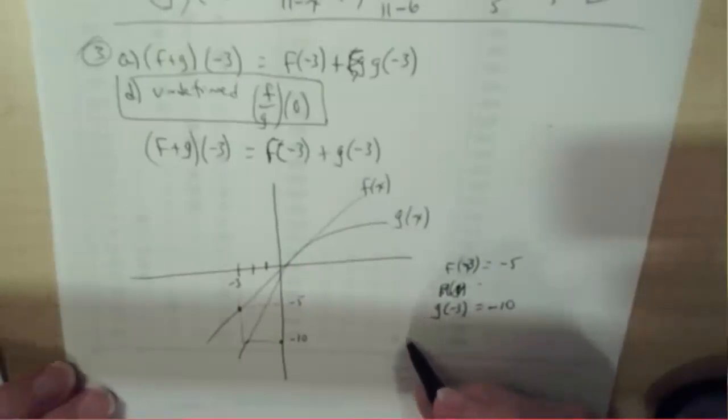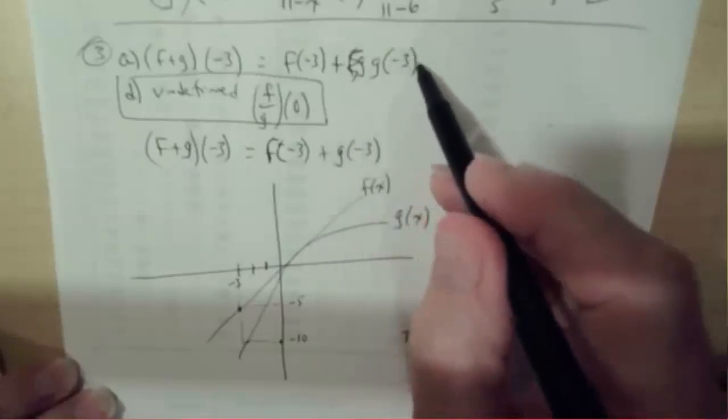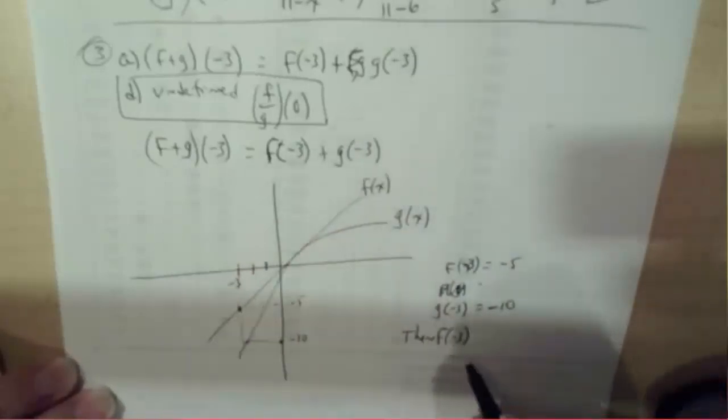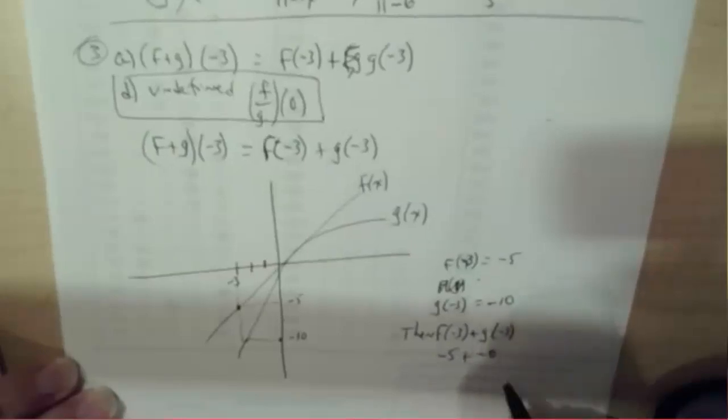Therefore, f of negative 3 plus g of negative 3 is, f of negative 3 is negative 5 plus g of negative 3 is negative 10.